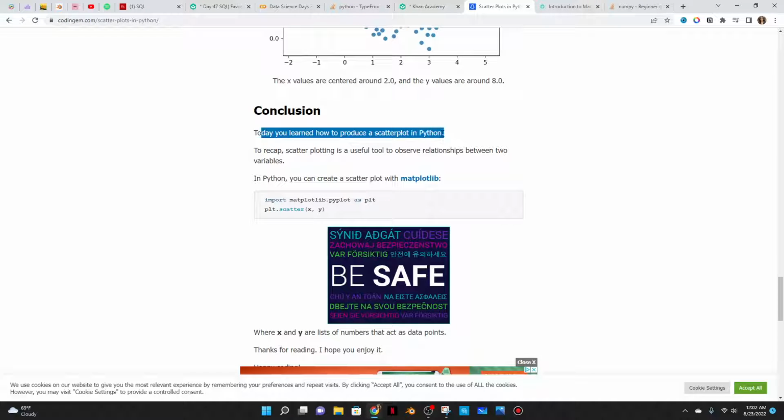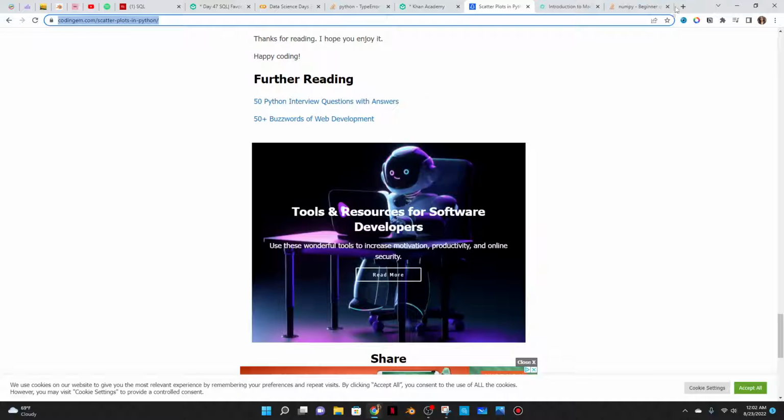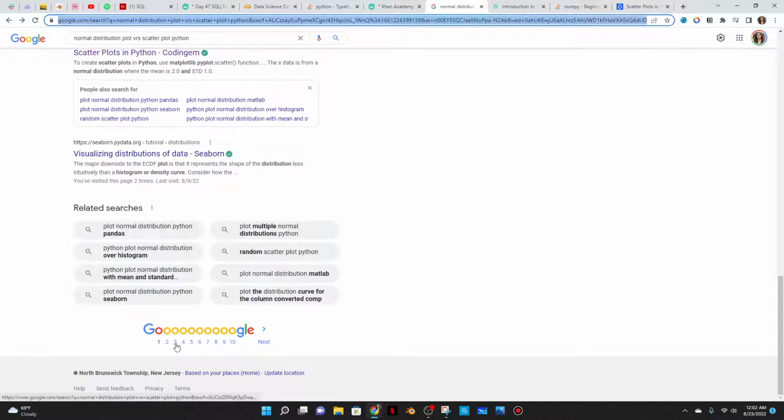Today you learn how to produce a scatter plot in Python. No. These are all good. It's close to what I want, but not exactly what I need.